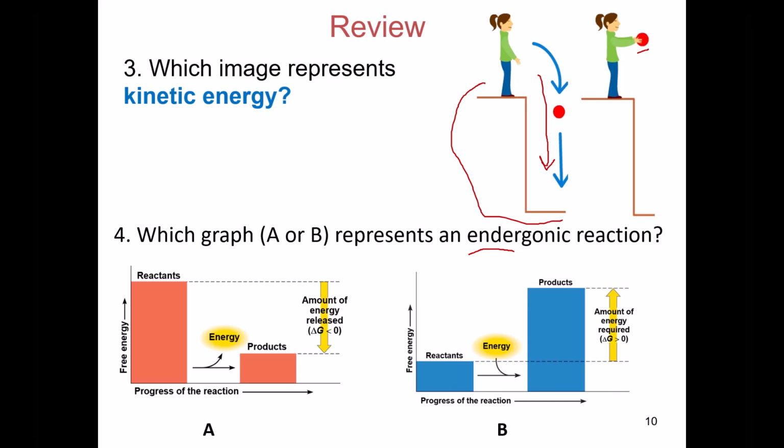So an endergonic reaction is a reaction that requires an energy input. So B is going to be an endergonic reaction because there's more energy stored in the products than there were in the reactants, and energy is input into the reaction. A is an exergonic reaction.